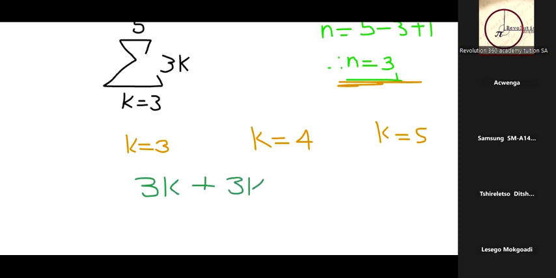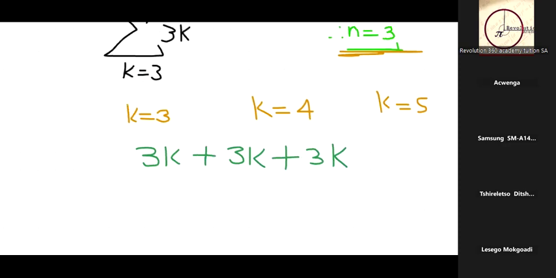You write 3k because there are 3 terms. So in my series, I must have 3 terms in between the plus signs. And here we put k for k equals 3, the other one for k equals 4, and k equals 5, making sure that we develop a series. Then you continue.